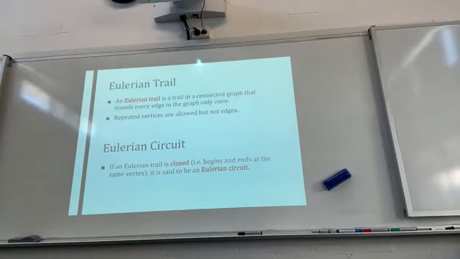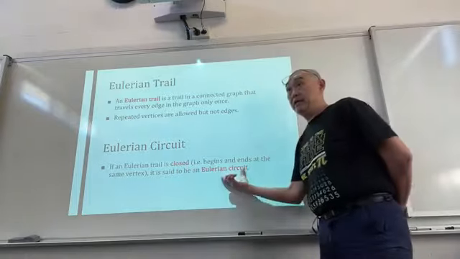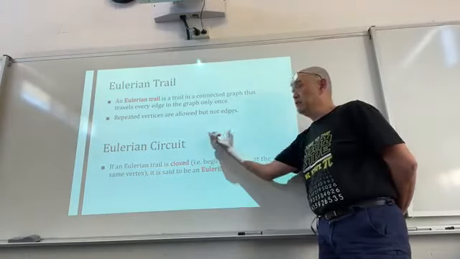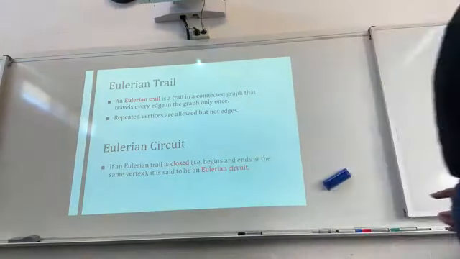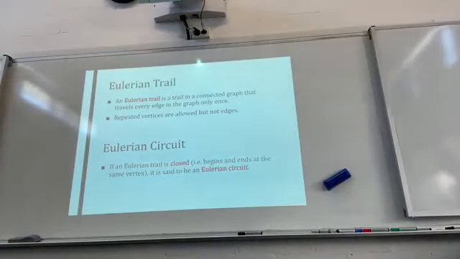So make sure that you know the word Eulerian circuit. So an Eulerian trail could be open or closed, but the closed one is an Eulerian circuit. That is what you need to really be able to distinguish in the exam.